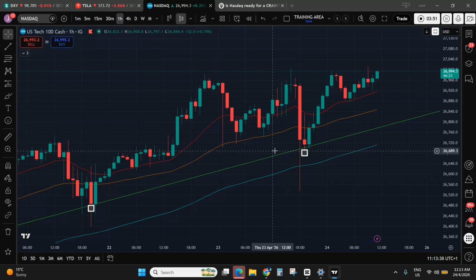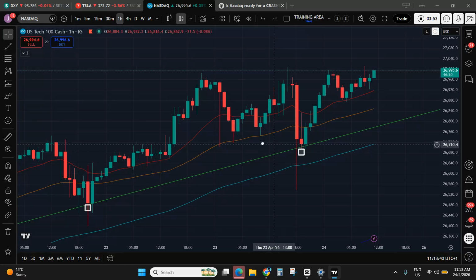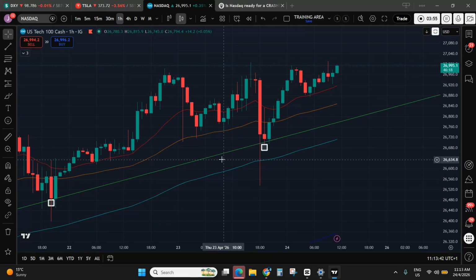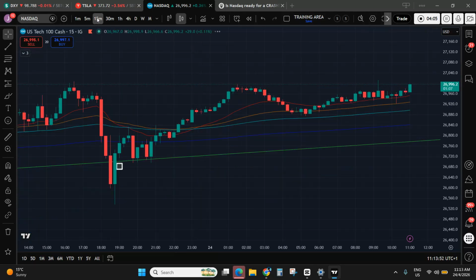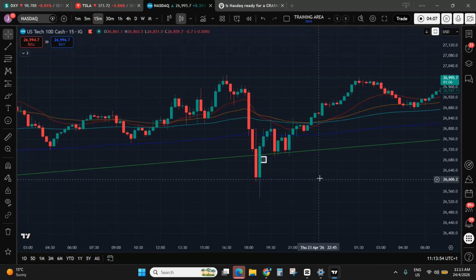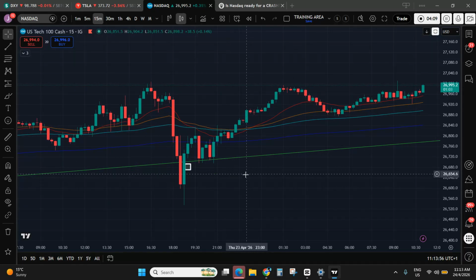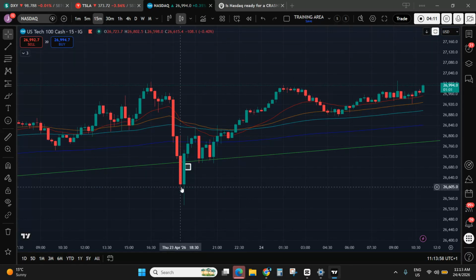In my opinion, no. It is better to wait for one more candle if it is a 1 hour time frame, and you can also go down to the 30 minutes or 15 minutes time frame. Here in the 15 minutes time frame, first there was a breakdown and there was a pullback.